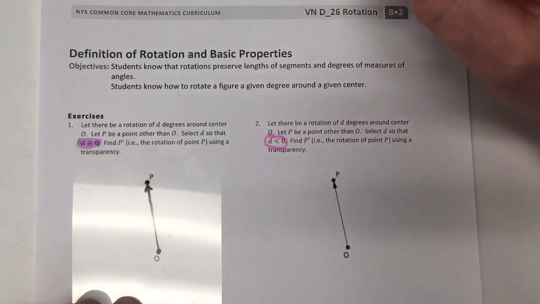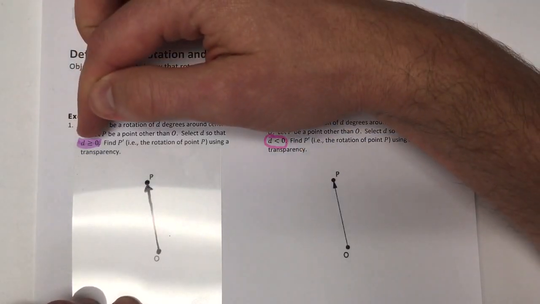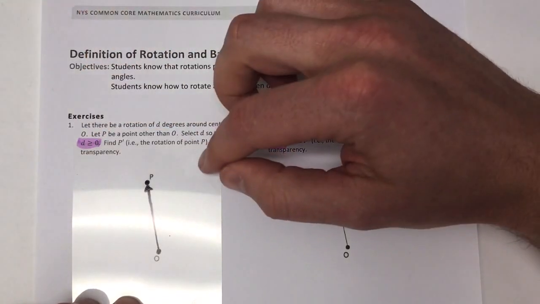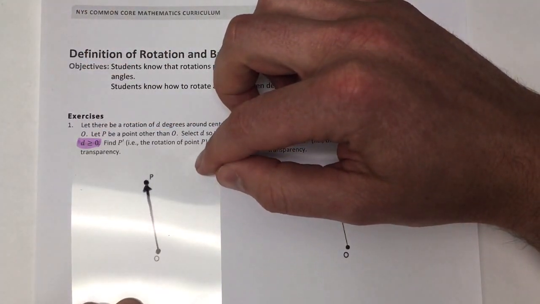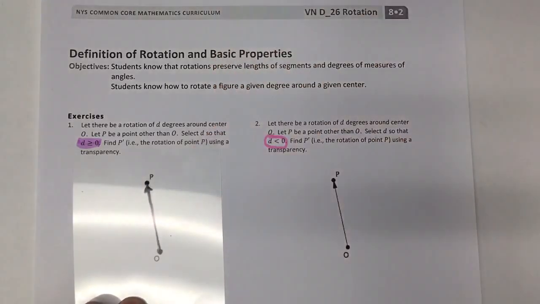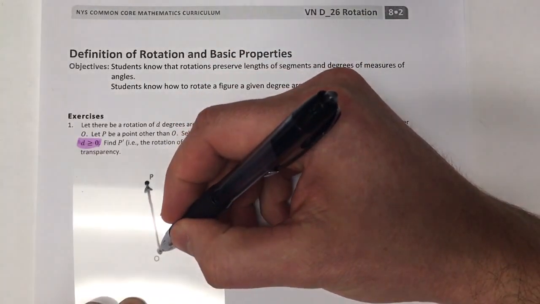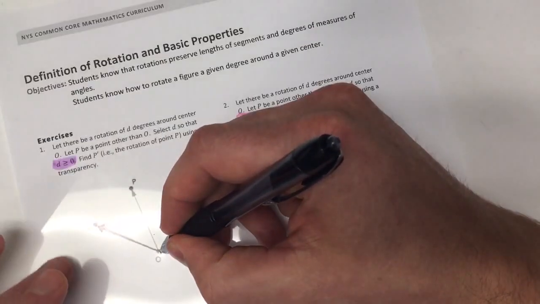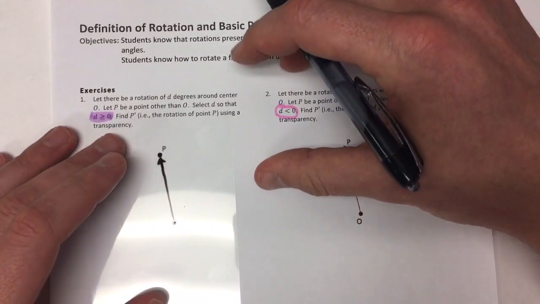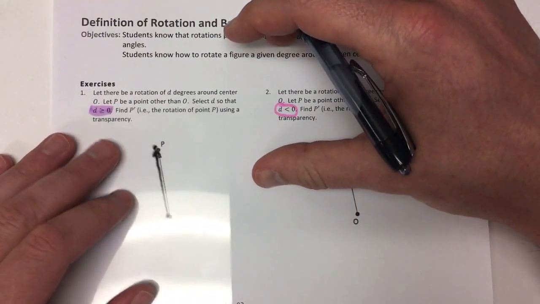There are some important details in the directions, and I highlighted them: D is greater than 0. So I'm going to rotate everything from point O. I like to actually put a point right there, and it allows me to freely spin around that point.